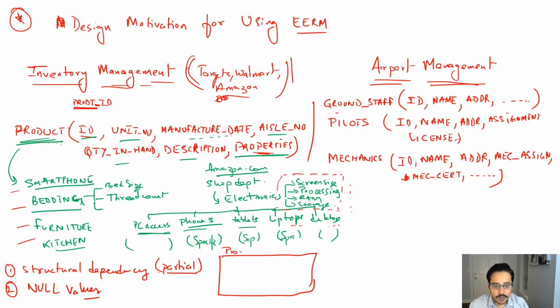So this is your product table, and then you have some common attributes in the form of ID, unit number, manufacturer date, etc. And then after that, you have a set of attributes which are specific only to a given number of entity instances. So if I have, for example, thread count and bed size, then for all the products which are electronics, for the columns of thread count and bed size, we are going to have null values.